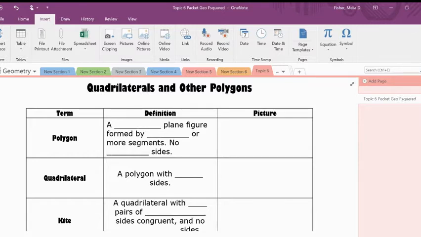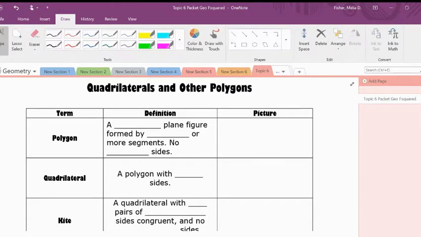A polygon is a closed plane figure formed by 3 or more segments. No curved lines, no curved sides.